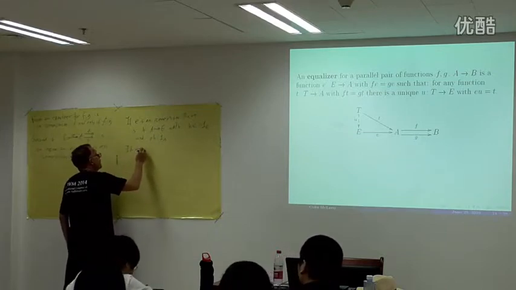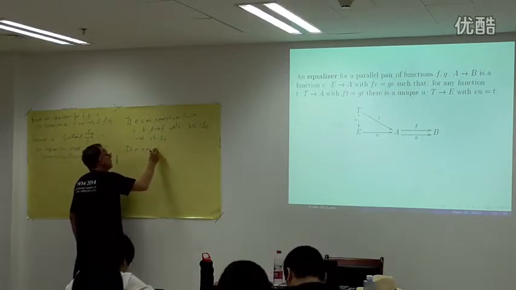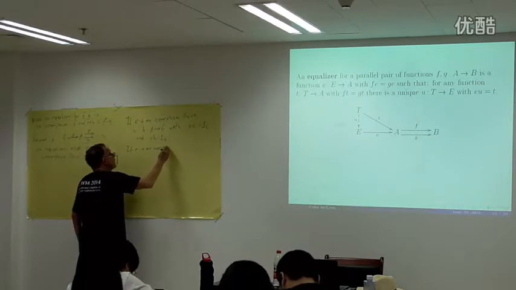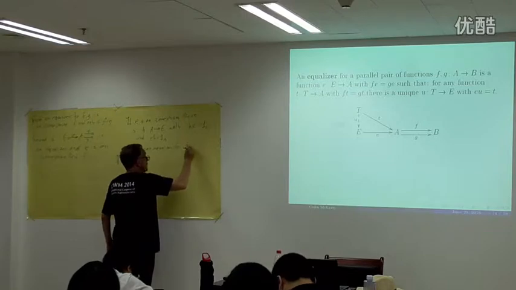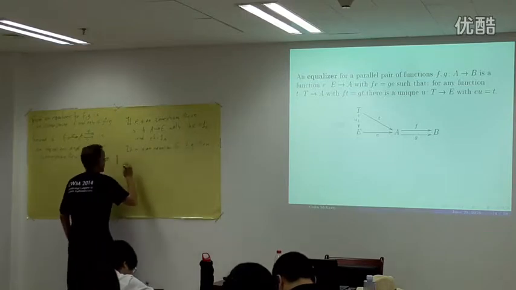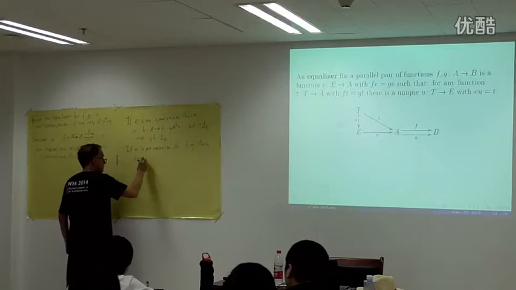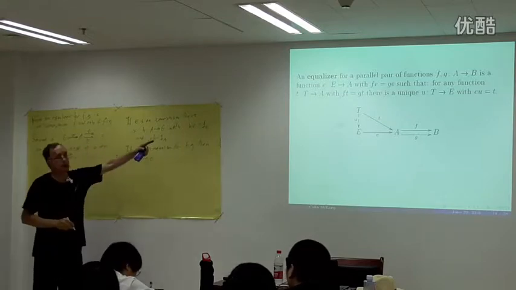If E is an equalizer for F and G, then FE equals GE. That's part of the definition of an equalizer.